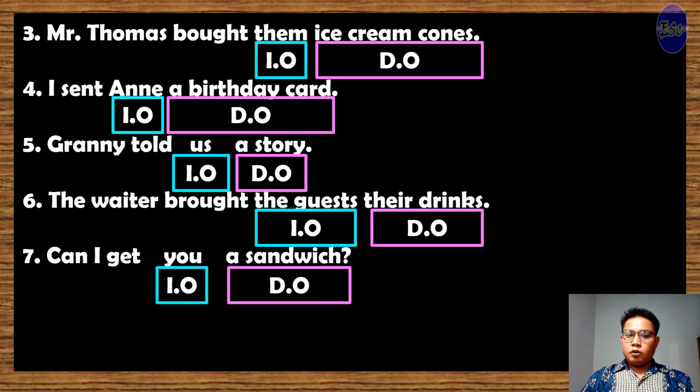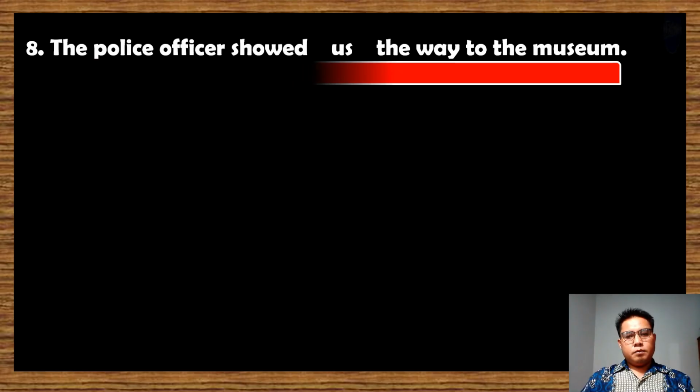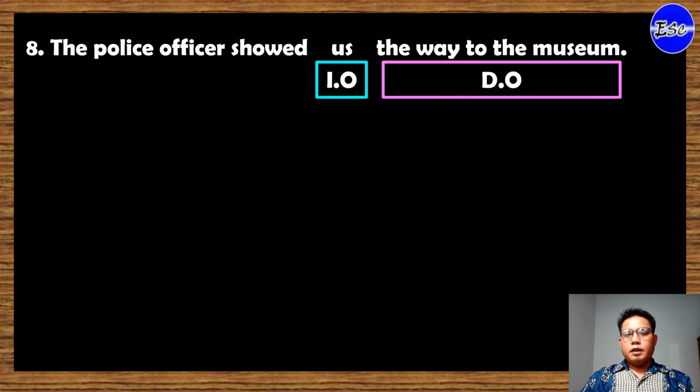Okay, so the direct object is a sandwich. You is the indirect object. This is the last one. The police officer showed us the way to the museum. So the way to the museum is the direct object. Us is the indirect object.